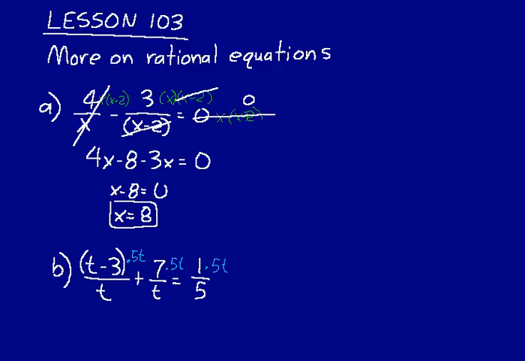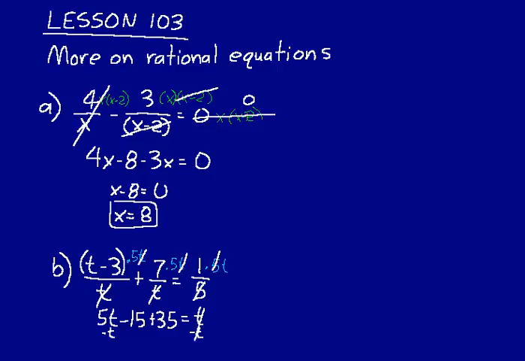So now we can go back and cancel, and we have t over t, t over t, 5 over 5, and now we've canceled all our denominators. And so let's simplify this. 5 times t is 5t, minus 3 times 5 is minus 15, plus 7 times 5 is 35, equals 1 times t, or t. Okay, so now let's subtract t from both sides.